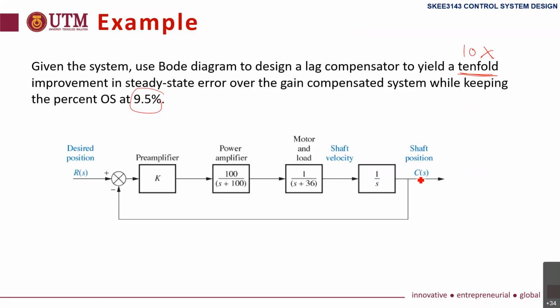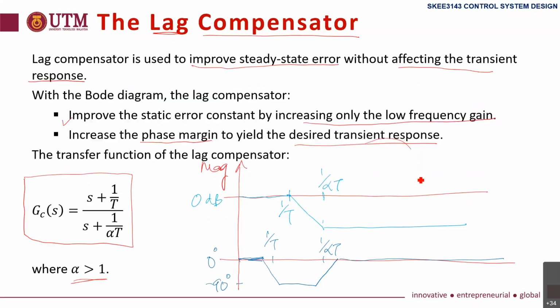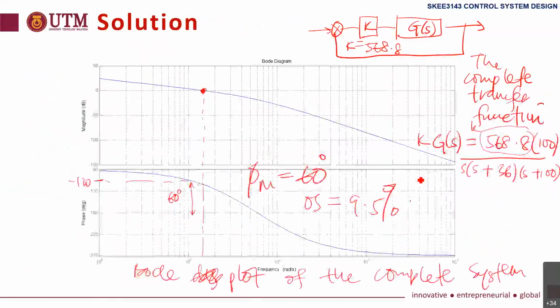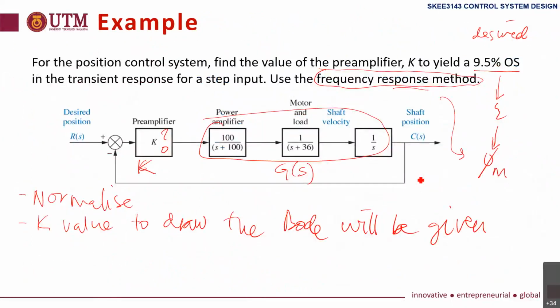If you look back into the previous example in the gain adjustment, this is actually the same question, the same system. I will go back to the question. See, the same in your slide. Also the same here. We want 9.5% overshoot. We want to design K. This is for gain adjustment. Right?